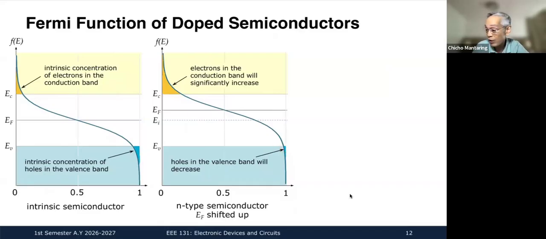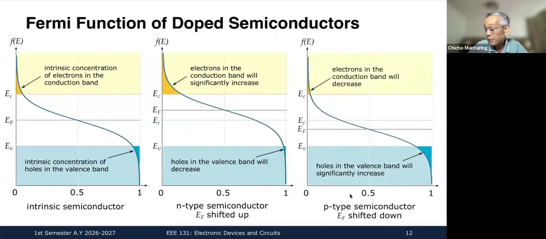What will happen to a p-type? Ang p-type naman, this curve shifts down. No? Ang electrons ko rito, uunti compared to my intrinsic. Pero take a look at my holes. Since the curve shifted down, ang dami ko ngayong holes dito.